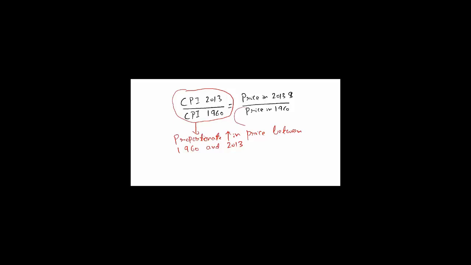We also know this number. This is 30 cents. And this is our unknown. We need to find this number. All we have to do is a simple cross multiplication. Keep this price in 2013 dollars on your left side and take everything to your right.